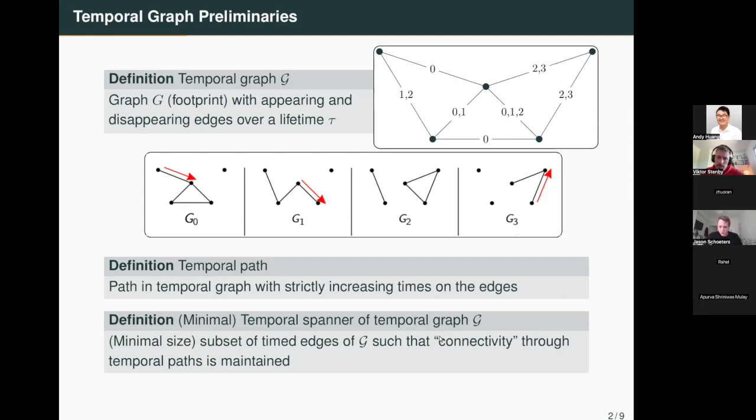I put quote marks around connectivity because we're going to define in the next slide a few forms of connectivity. In the rest of the talk, most of the time when I say temporal spanner, I will mean a minimal temporal spanner. I will most of the time just drop the minimal. When I need to specify, I will use non-minimal and minimal, but I don't think that it will happen.